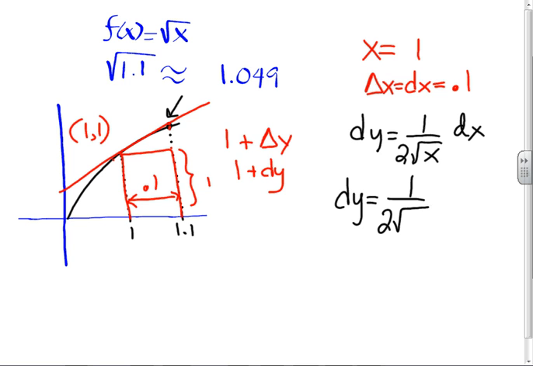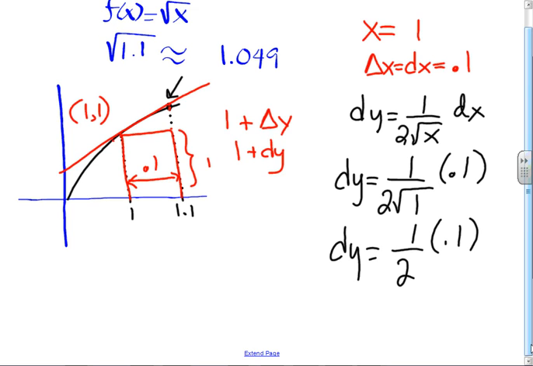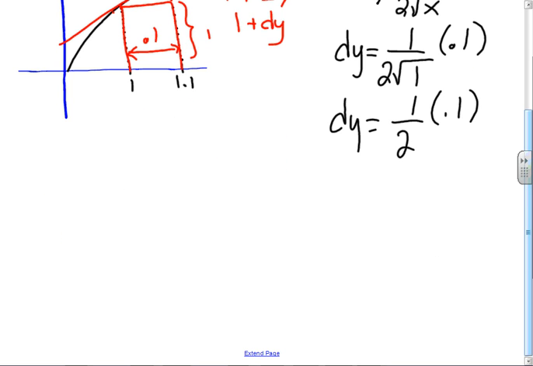It's 2 times the square root of 1. Oh, it's not bad. Maybe I don't need a calculator. And what's dx? 0.1, right? So dy is equal to 1/2 of 0.1. What's half of 0.1? It's 0.05, right?